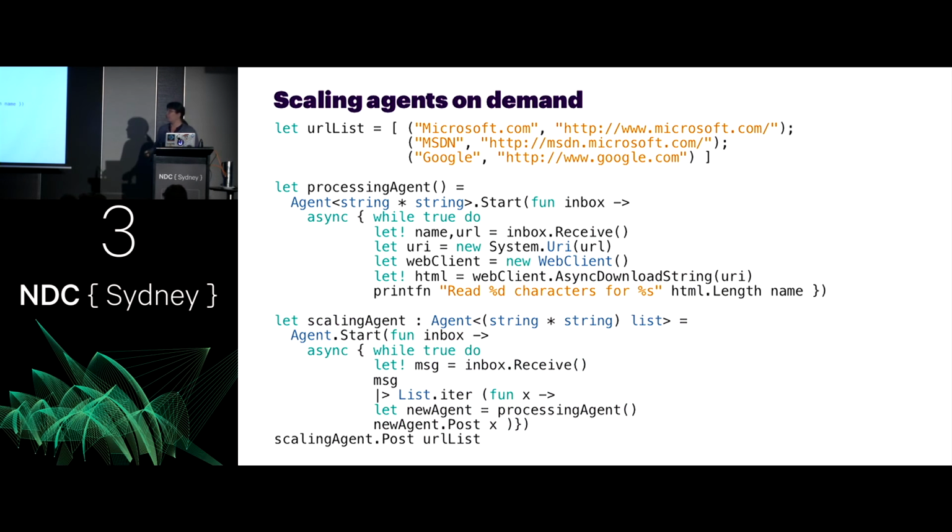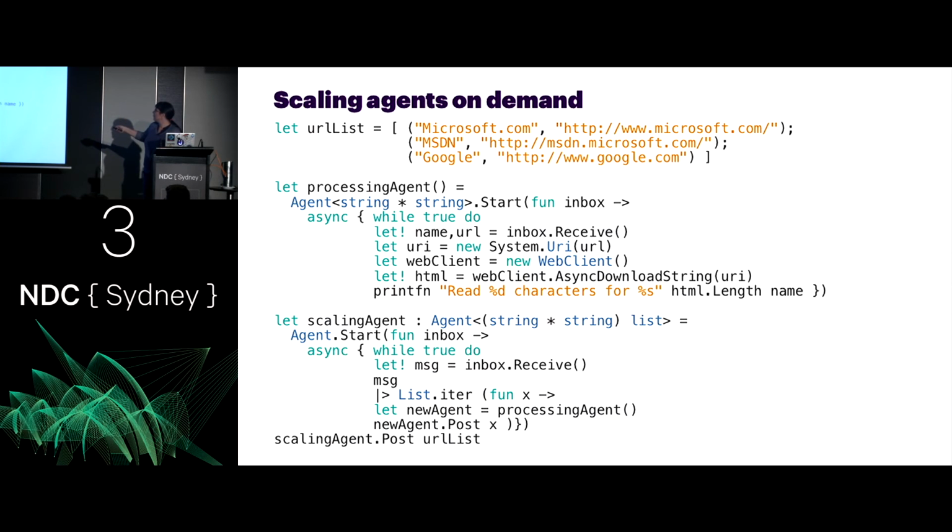And especially with agents, it's very, very easy to scale agents on demand. So here, we're looking at a very similar example to the first example that we had. Here in the middle, we have a processing agent. But here we have our actual URL list, and the square brackets is how you define a list in F#.